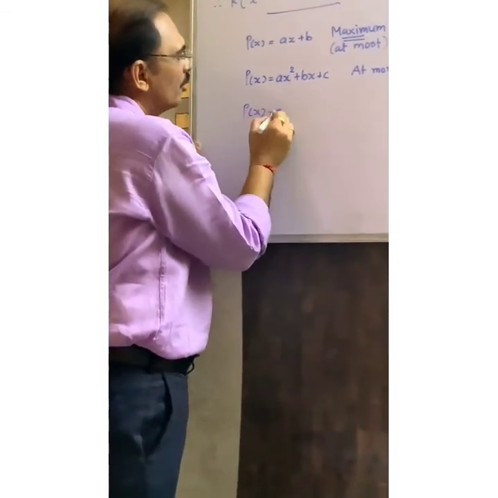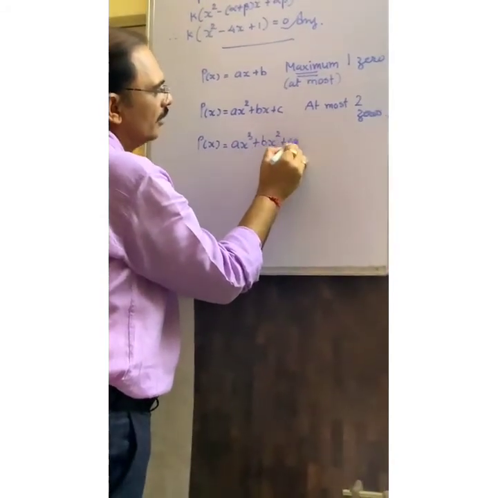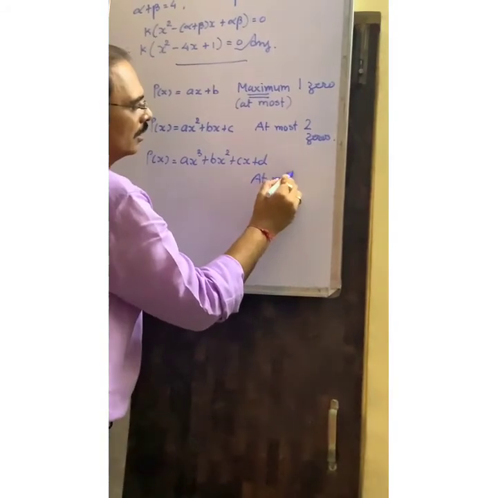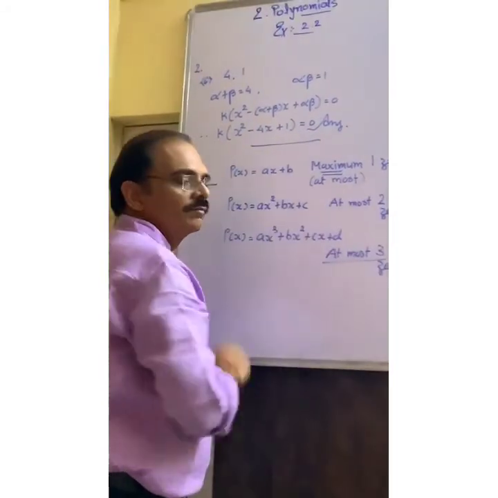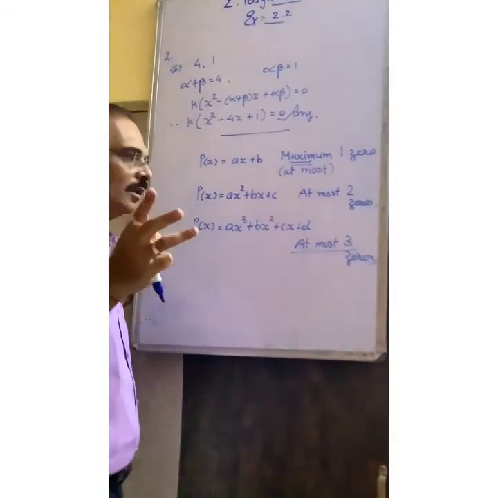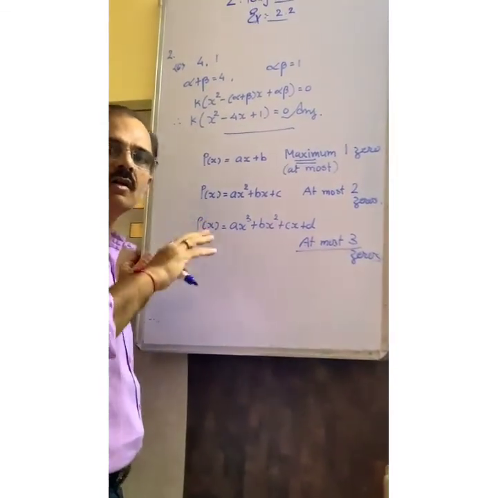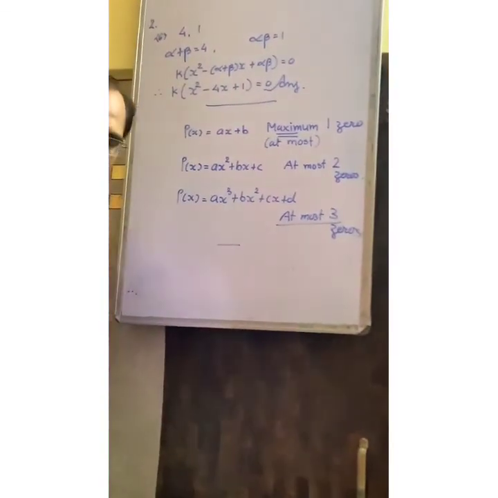Similarly, cubic polynomial ax cube plus bx square plus cx plus d, it has at most 3 zeros. At most 3 zeros means maximum 3 zeros. Maybe it has 3 zeros or less than 3 zeros, that is 2 or 1 or no zero. That's it for today. We will learn later.